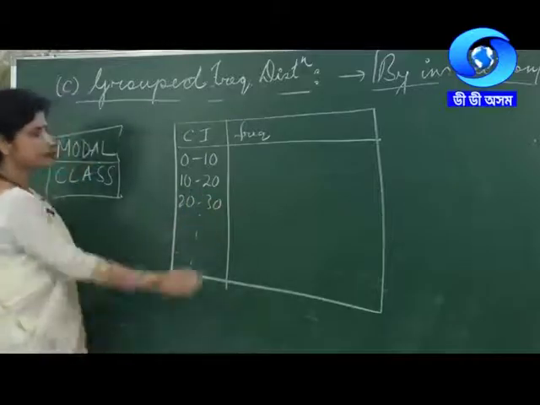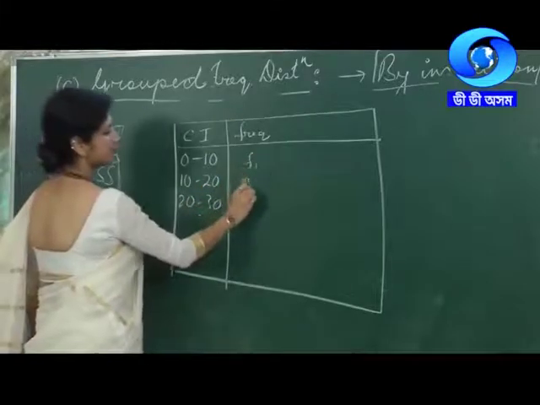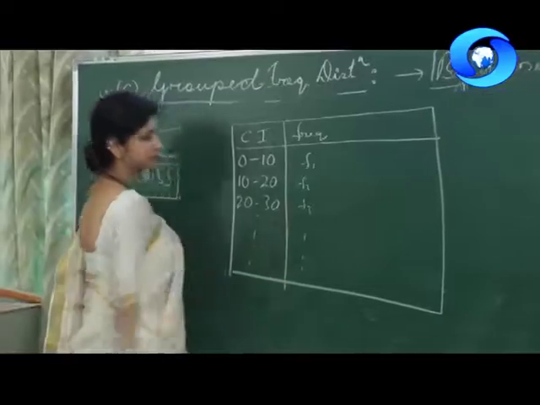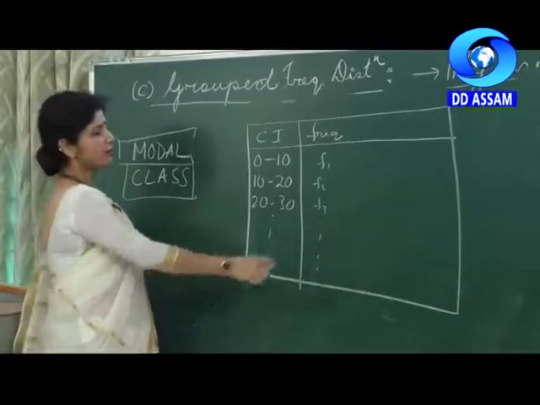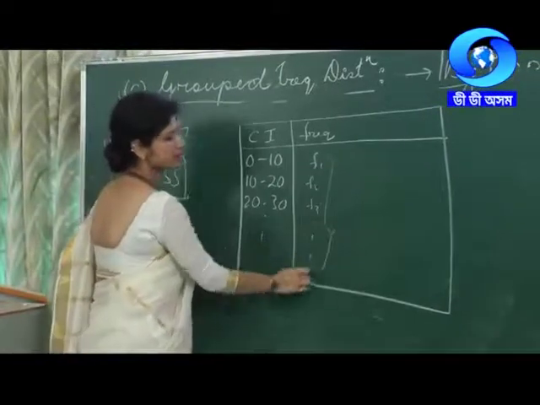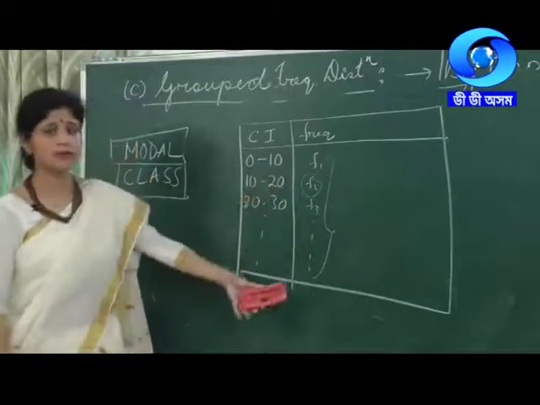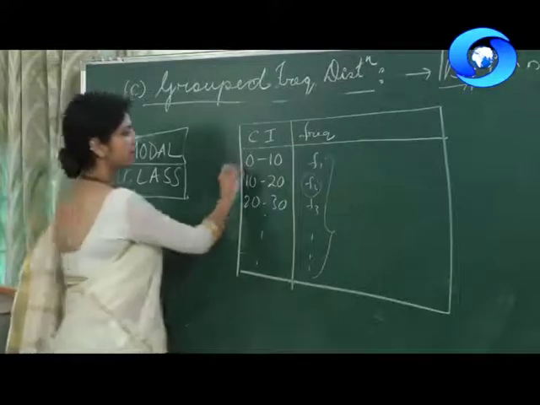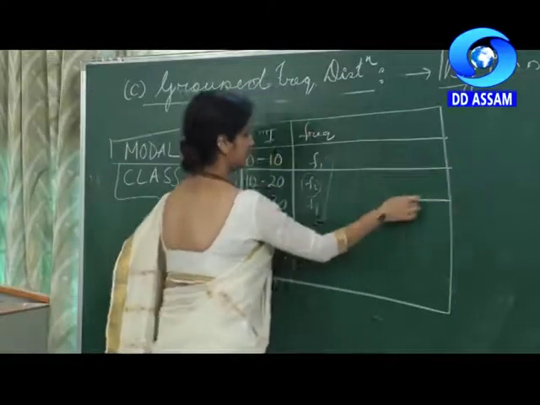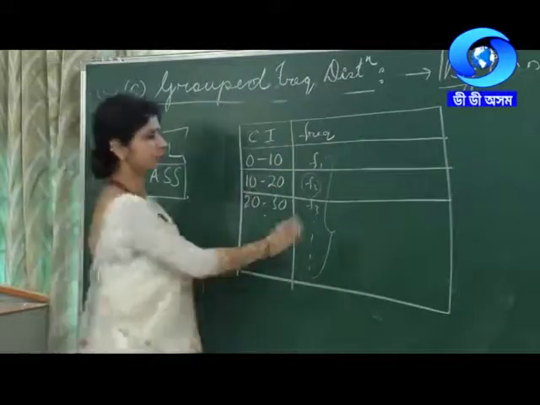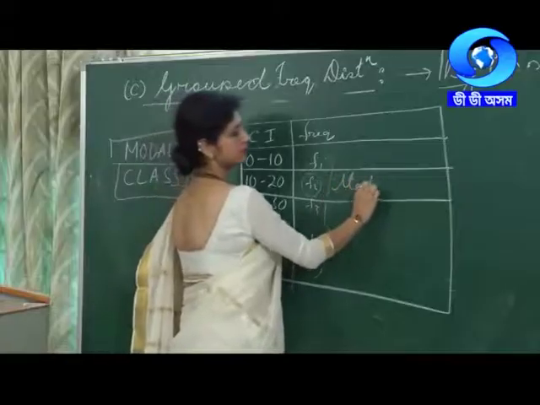Wherever the highest frequency exists, supposing f2 is the highest frequency amongst all the frequencies given, then this particular class will become the modal class.